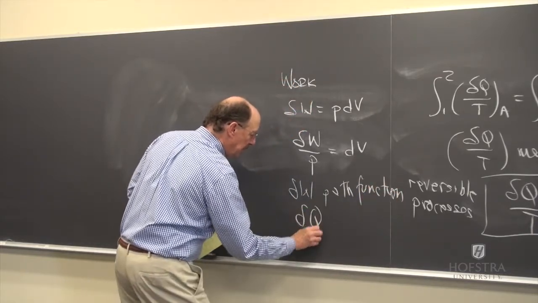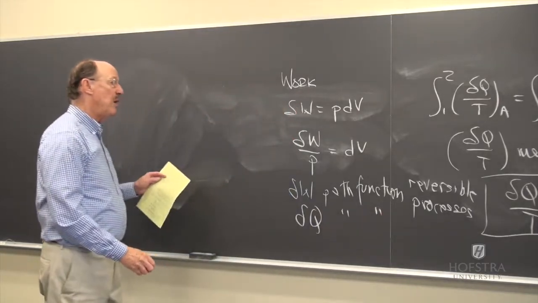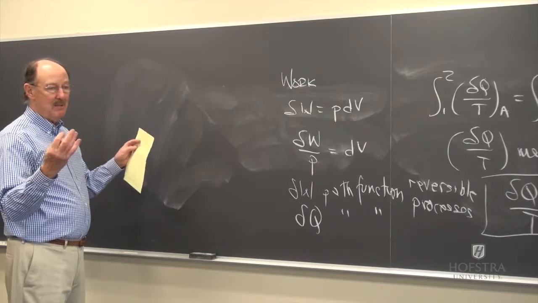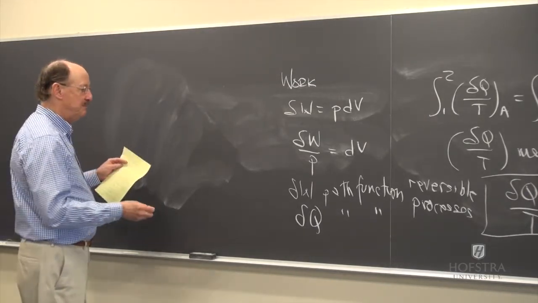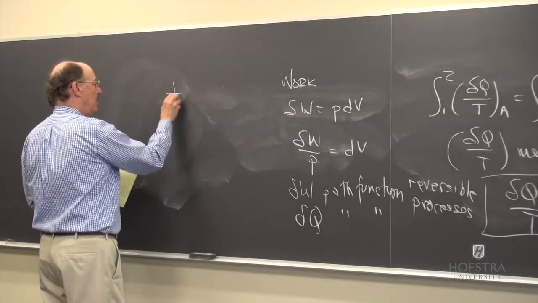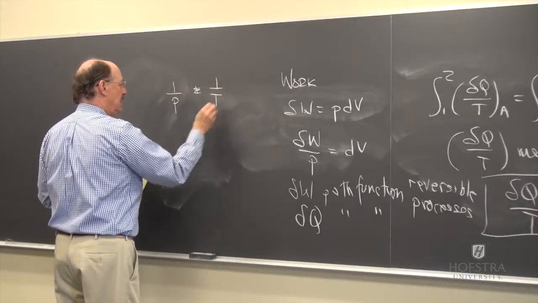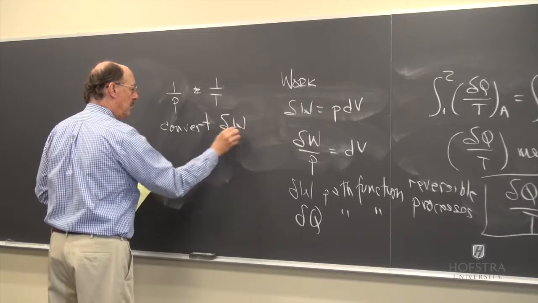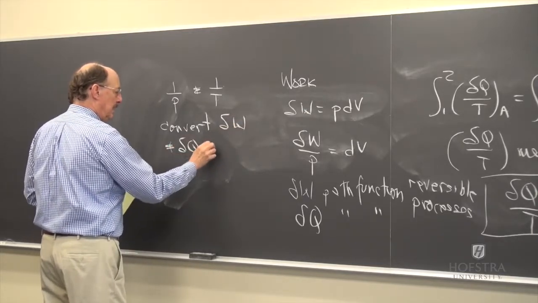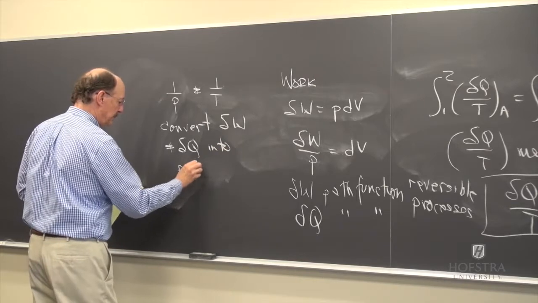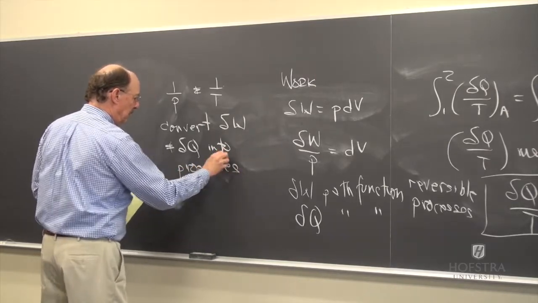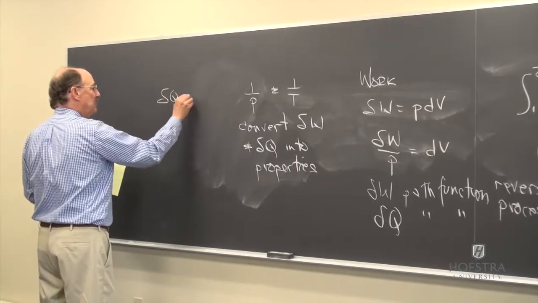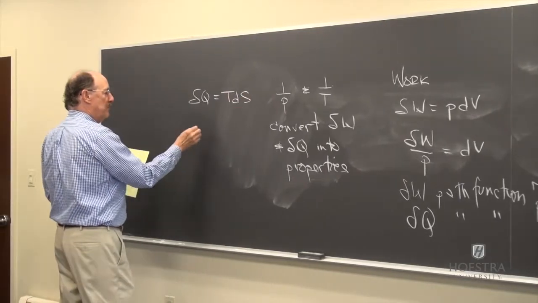Del Q is a path function, and 1 over P and 1 over T convert this path function energy form into a property. 1 over P and 1 over T convert del W and del Q into properties. So with that, I have that del Q is equal to T dS for reversible processes.